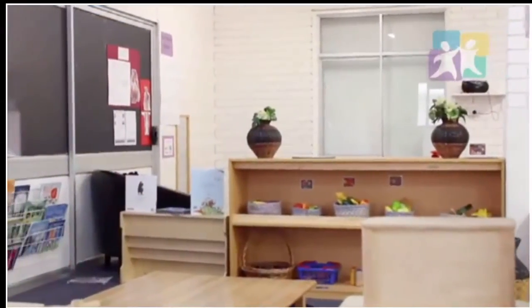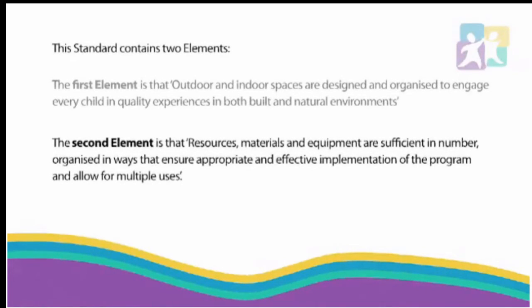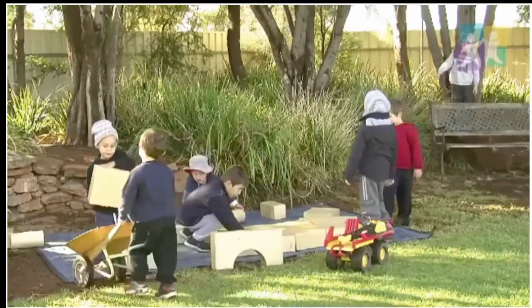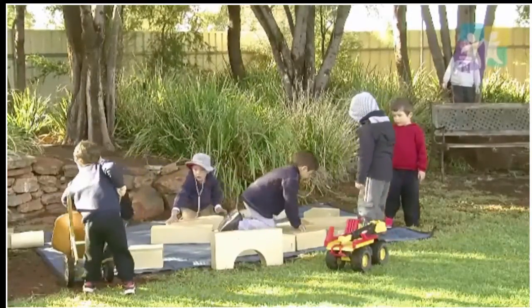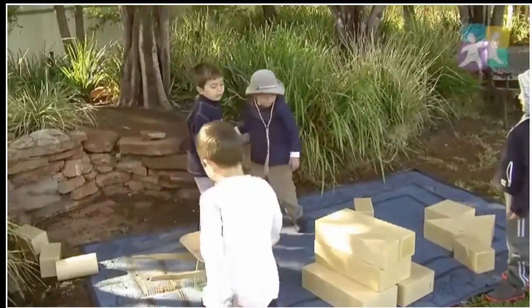Sometimes small changes can make big differences. The second element is that resources, materials, and equipment are sufficient in number, organized in ways that ensure appropriate and effective implementation of the program, and allow for multiple uses. In other words, educators provide children with the tools they need to play, choose, and find interesting things to do.